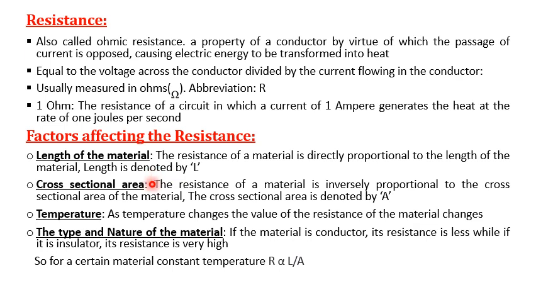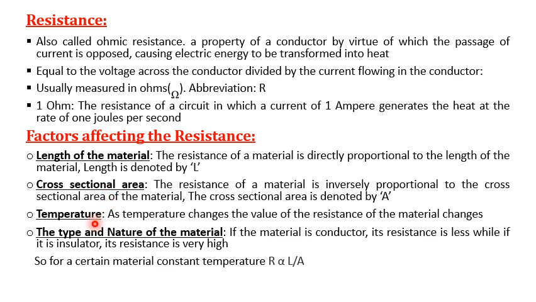And it is inversely proportional to the cross sectional area. The resistance of a material is inversely proportional to the cross sectional area, which is denoted by capital A. There is one more factor, temperature.